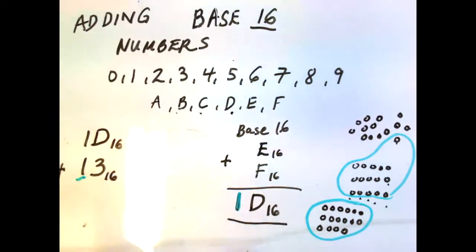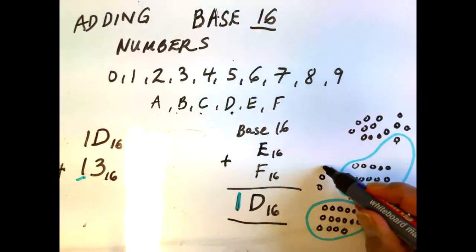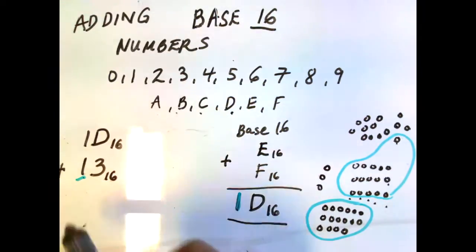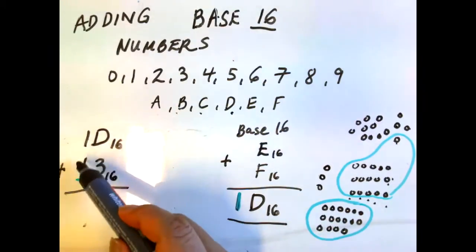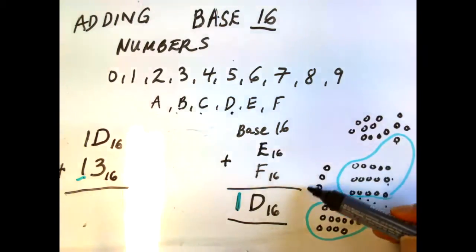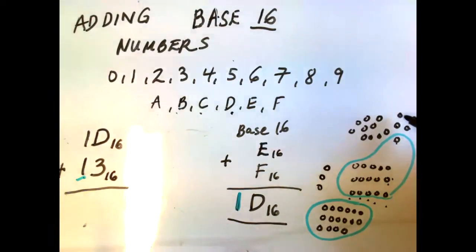Now, the 3 is outside of this. So let's do 1, 2, 3. All right. So here we can tell now that the one green bubble here and one green bubble here are this and this. Now the ones: this is D and this is 3. If we add these two together, do we make a 16?